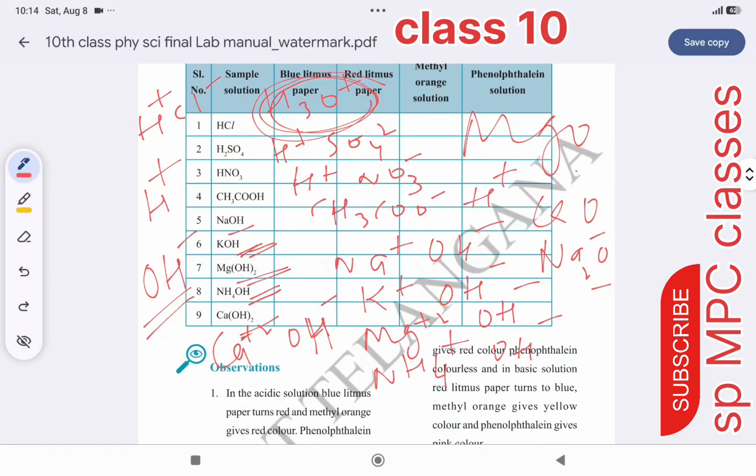The ninth one, quick lime and slaked lime. Quick lime is CaO, slaked lime is Ca(OH)2. So this is the information that we will get from the table. Now we are going to see the indicator tests one by one.